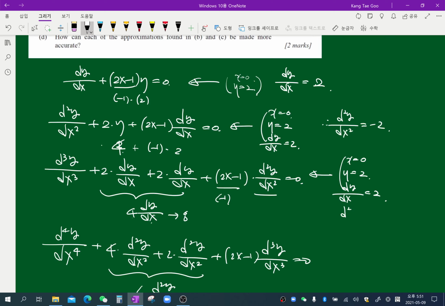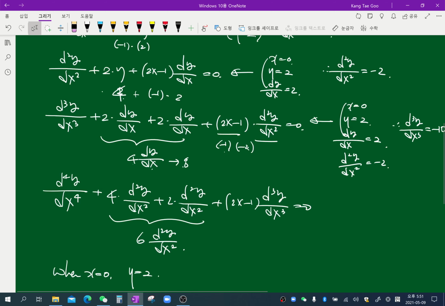Here we put minus 2, then this is 8, and then minus 1 times this one, minus 2, plus 2, 8, 10, so that d cubed y/dx cubed goes to be minus 10.